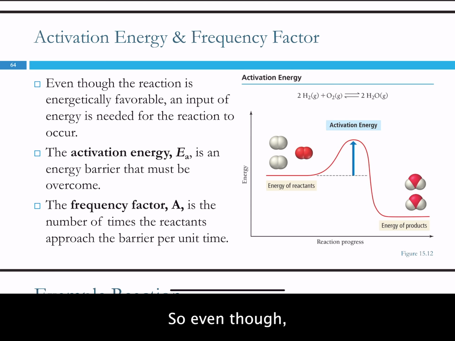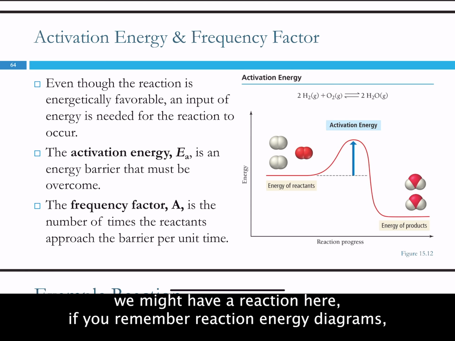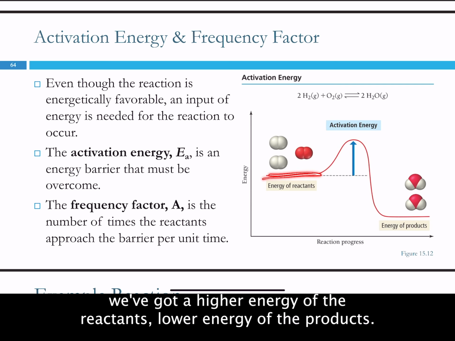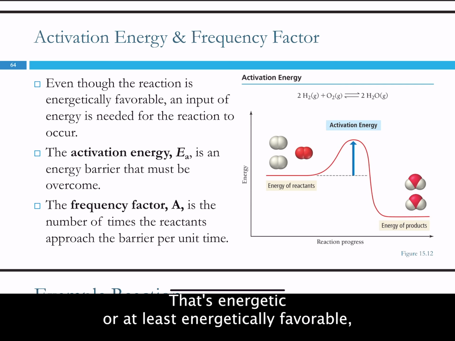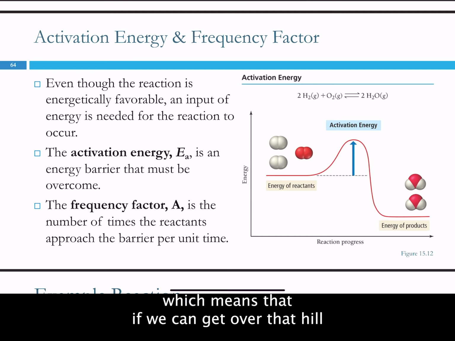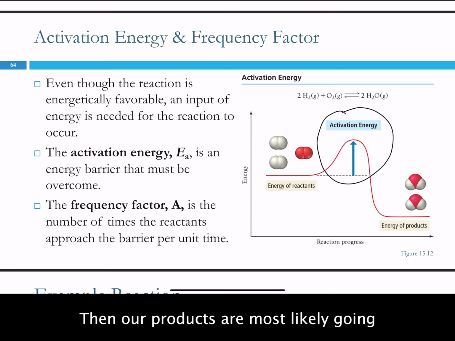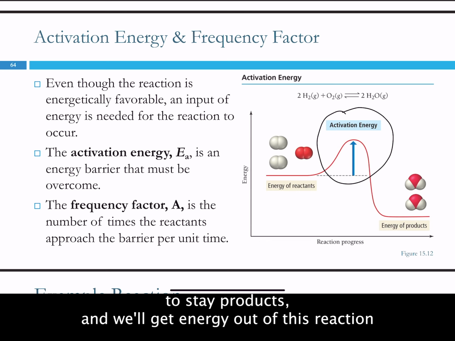So even though we might have a reaction here, if you remember reaction energy diagrams, we've got a higher energy of the reactants, lower energy of the products. That's energetically favorable, which means that if we can get over that hill in the middle, that activation energy, then our products are most likely going to stay products.